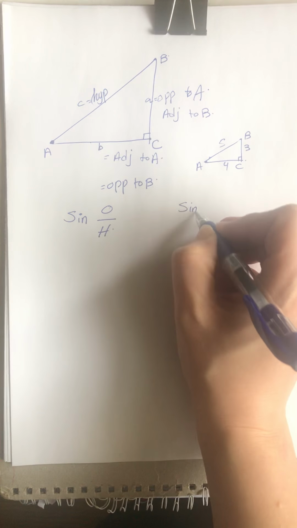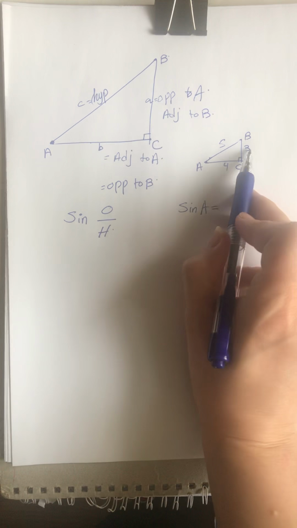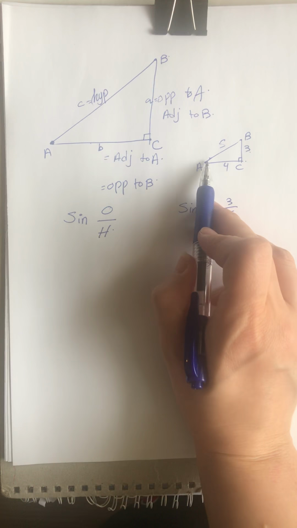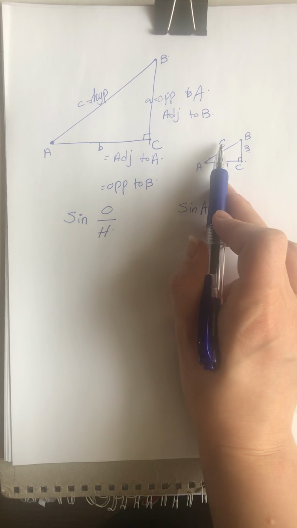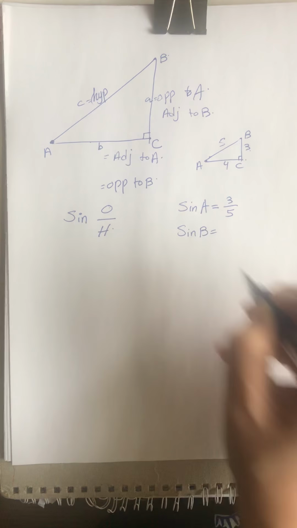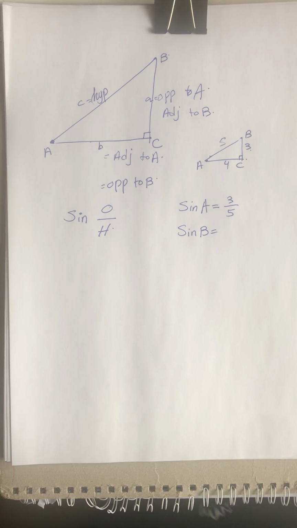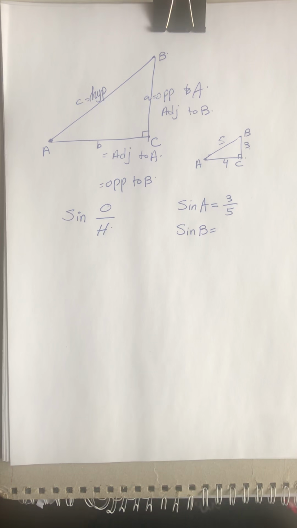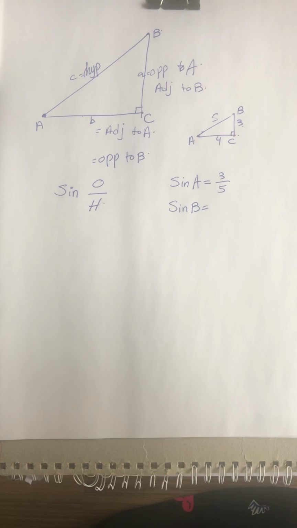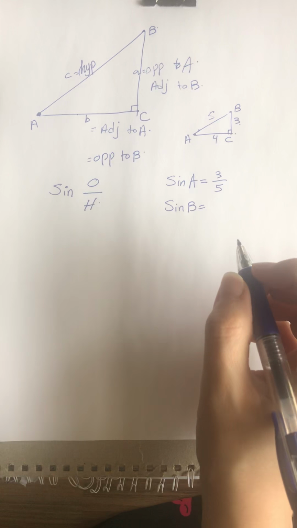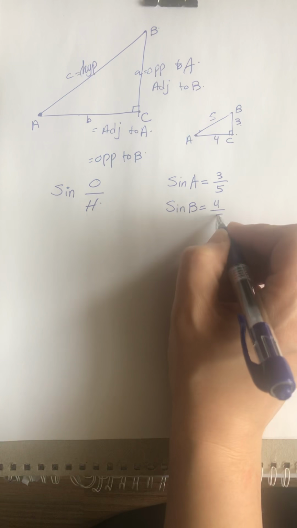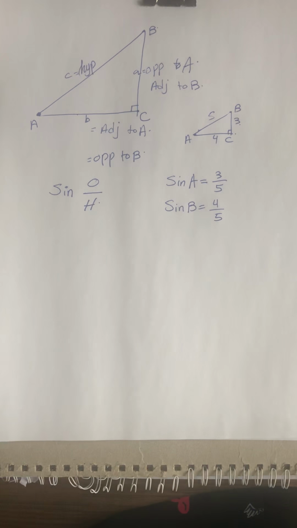Sine A is going to be 3 over 5, because that's defined as opposite over hypotenuse. Can you tell me what sine B is? For sine B, we're looking for the side which is opposite to B over hypotenuse. Hypotenuse is always hypotenuse.